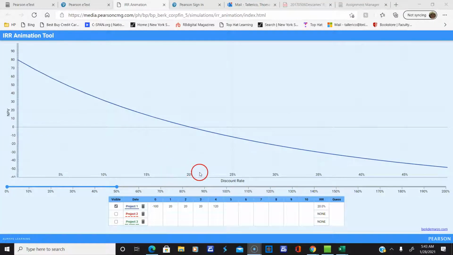And I just want to show you, there's an animation tool here from your textbook where you can fool around and calculate different projects with internal rate of return. Here's the blue curve, and if you enter data in here, you'll get different net present values.